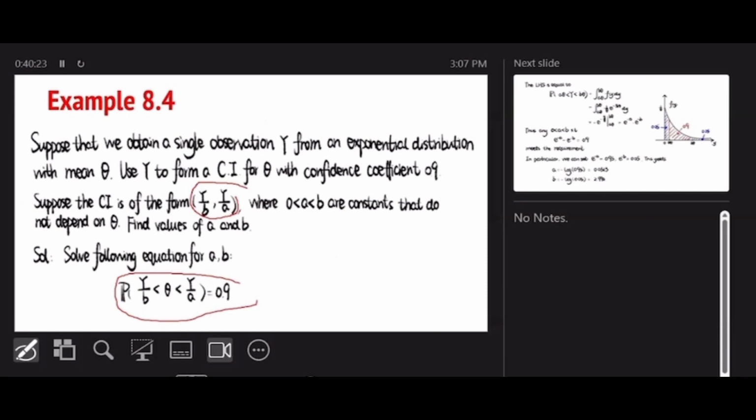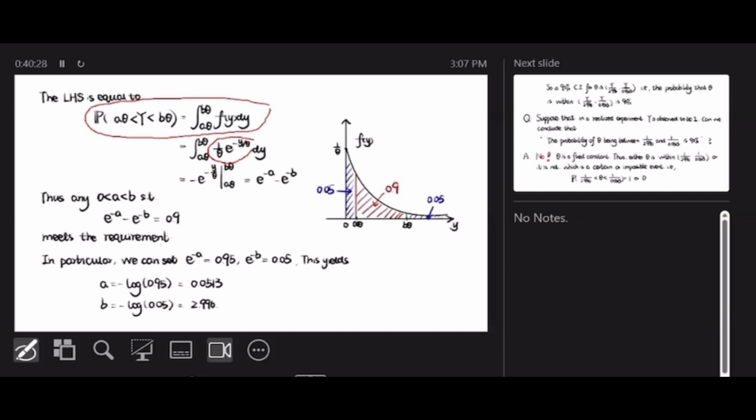By the time you plug that in, you're going to get this, and don't forget, you equate it to 0.9, because they gave you 0.9 as the level of confidence. Now pay attention to what you have there: the total area under a curve has to be equal to 1. If the level of confidence is 0.9, do you see I'm referring to this here?